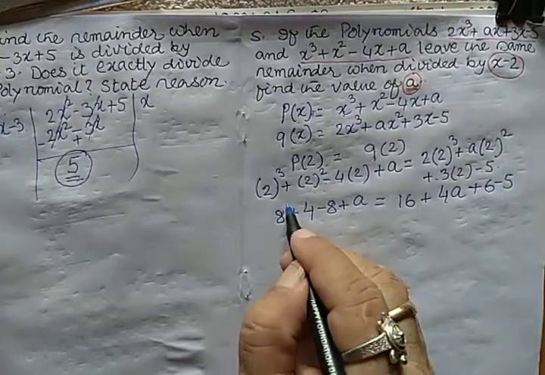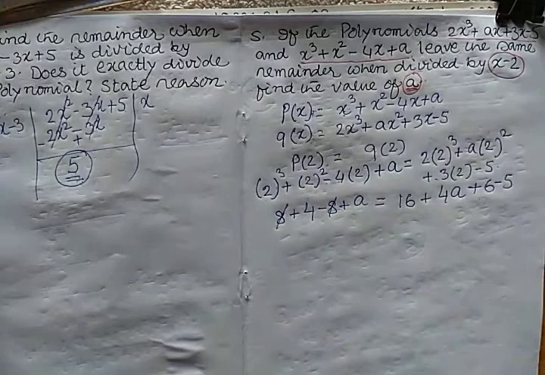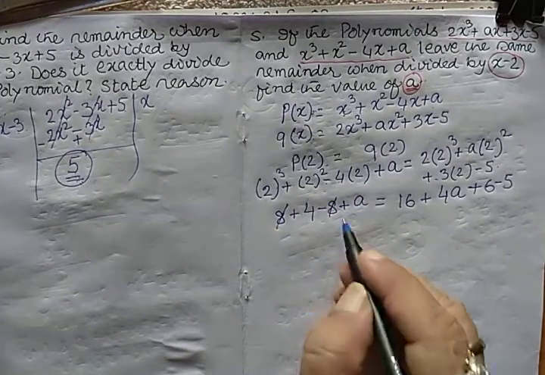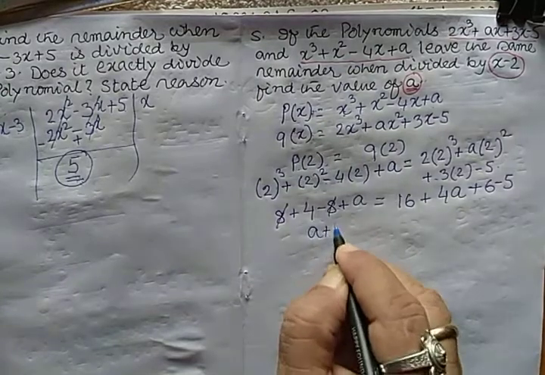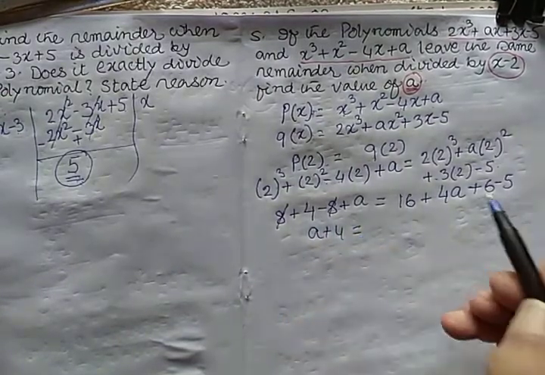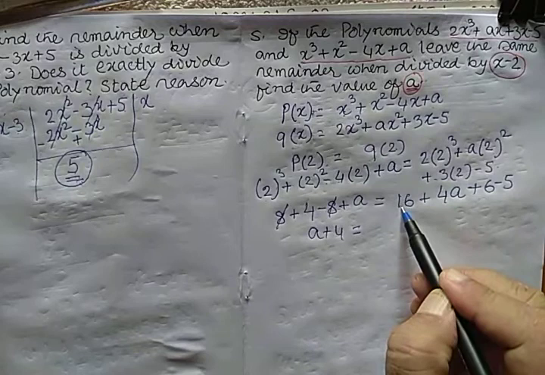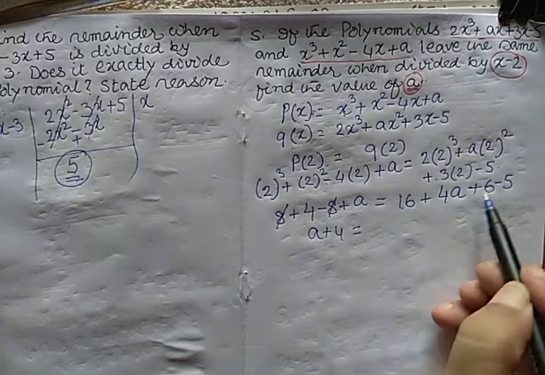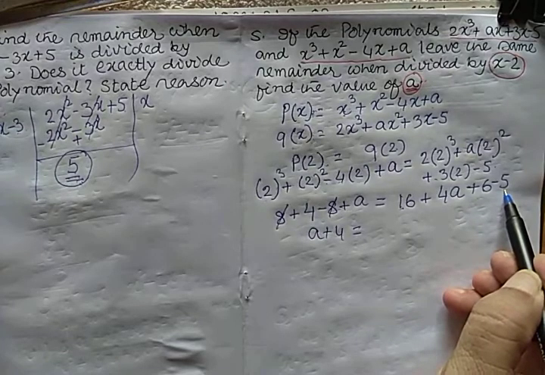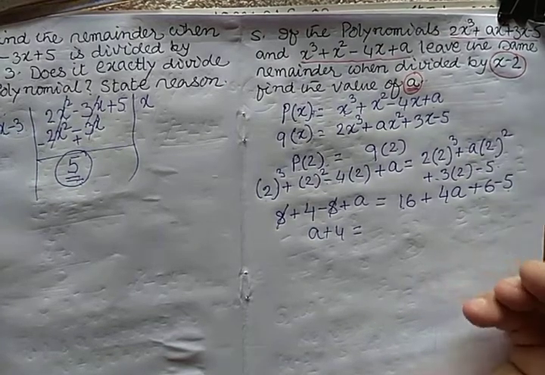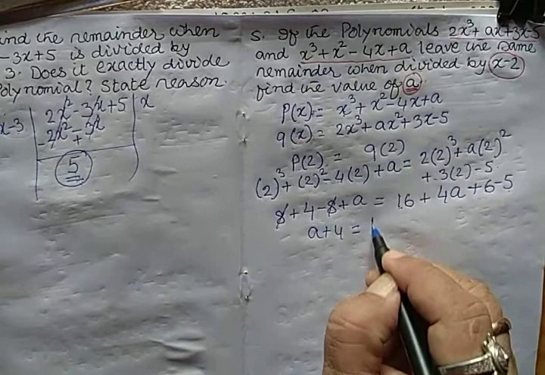Clear? Plus 8 minus 8 cancels. Here what you get? a plus 4 is equal to 16 plus 6, 22, minus 5. 22 minus 5 is 17, plus 4a.